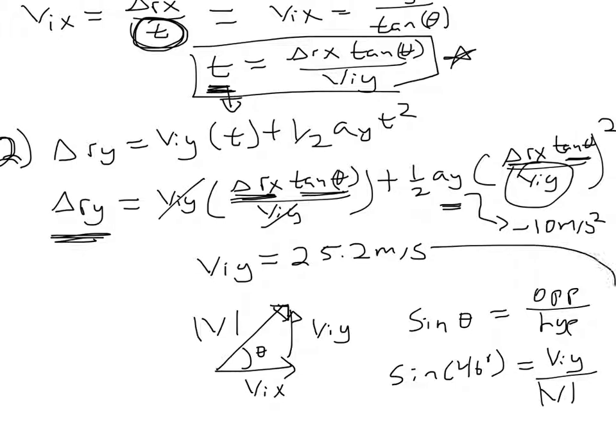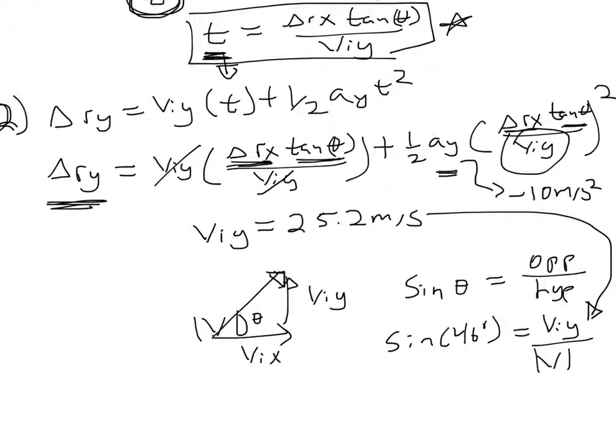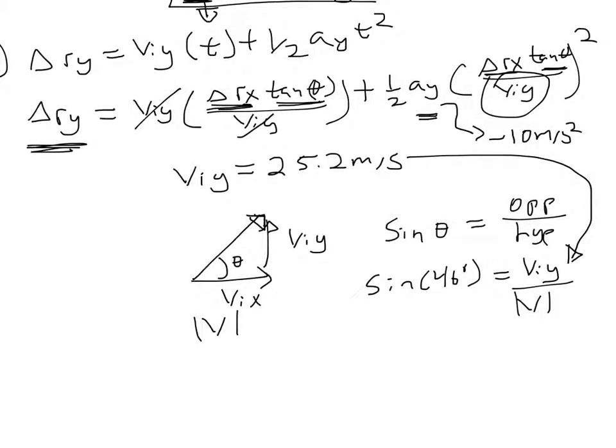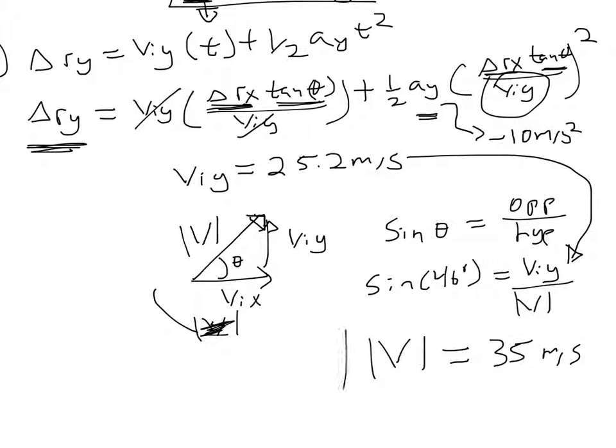And here the initial velocity in y is what we found previously, 25.2 meters per second. Rearranging and solving for the resultant, we get 35 meters per second as the resultant takeoff velocity, and that's the answer to the problem.